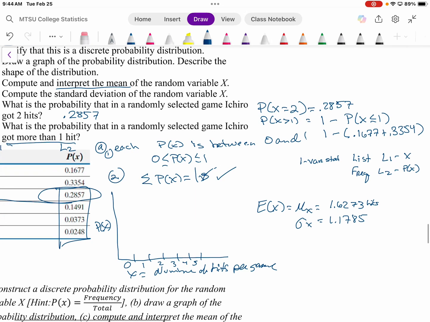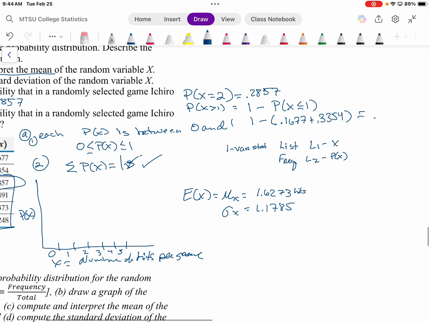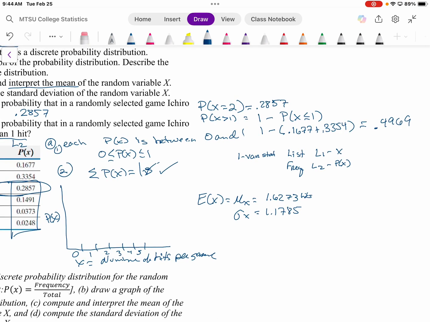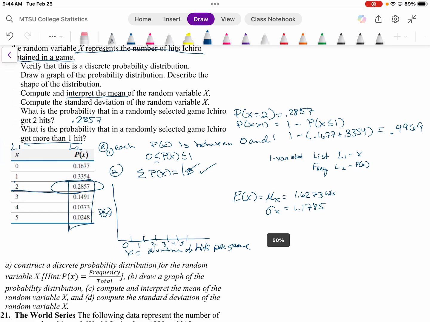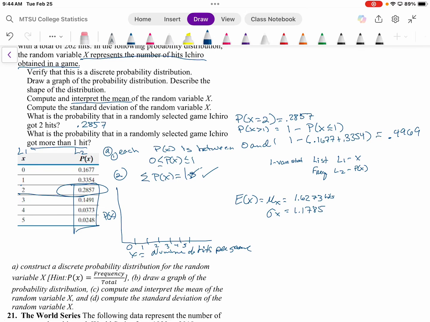I can add up those 2 and subtract from 1, and that'll be the same thing as adding up the 4 numbers. So it's your choice if you want to just add up the 4 or use the complement rule. So 1 minus the sum of 0.1677 plus 0.3354 is equal to 0.4969. So there is a 49.69% chance or probability that he's going to get more than 1 hit.